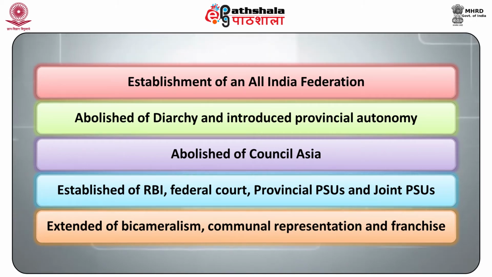It abolished diarchy and introduced provincial autonomy. It abolished the council of India. It established the RBI, the Federal Court, provincial PSCs and joint PSCs. It also extended bicameralism, communal representation and franchise.